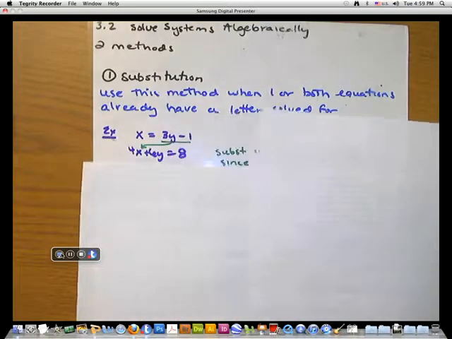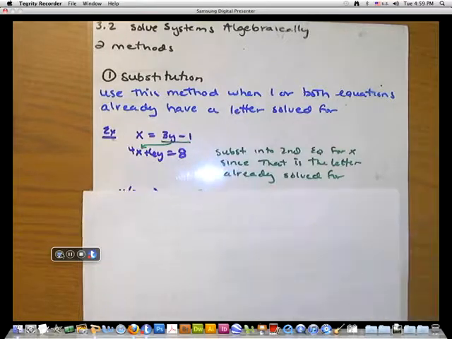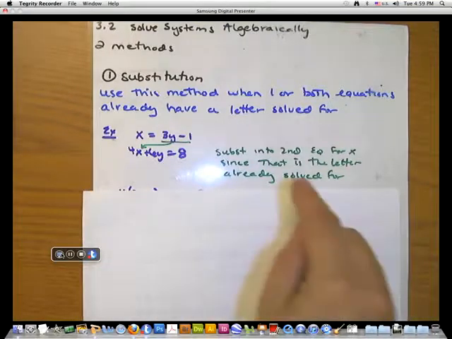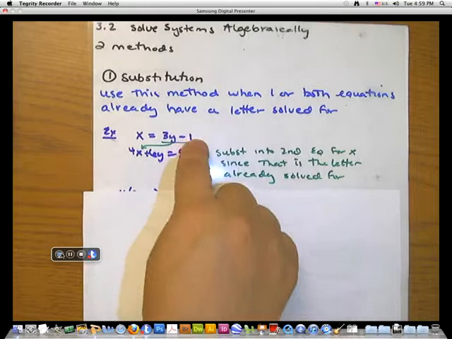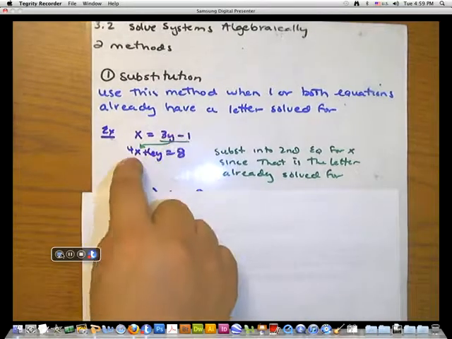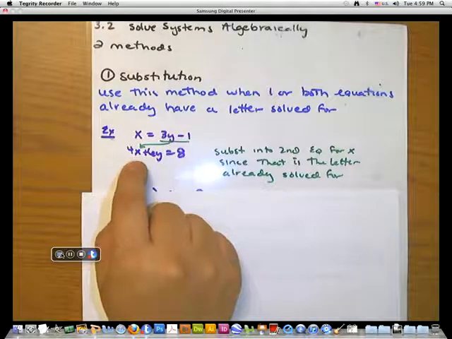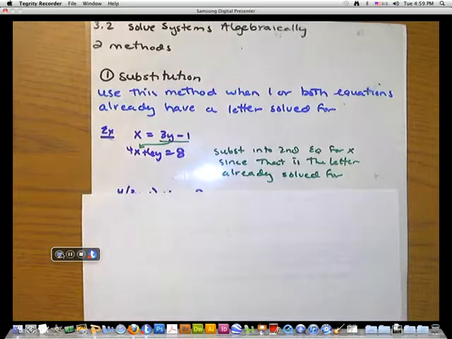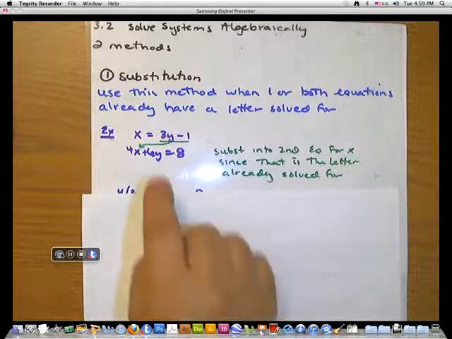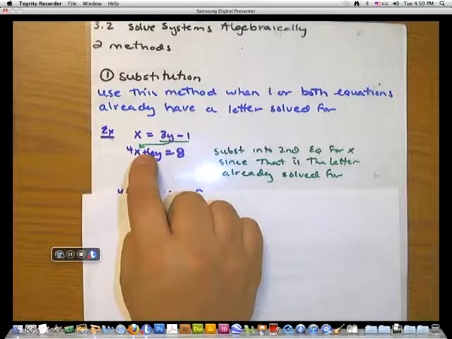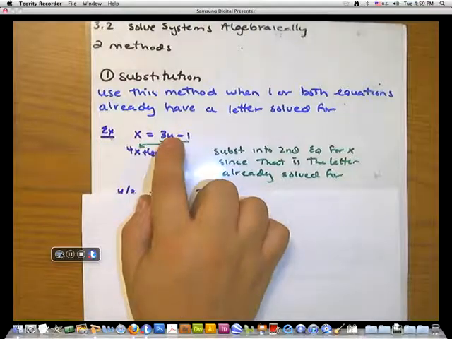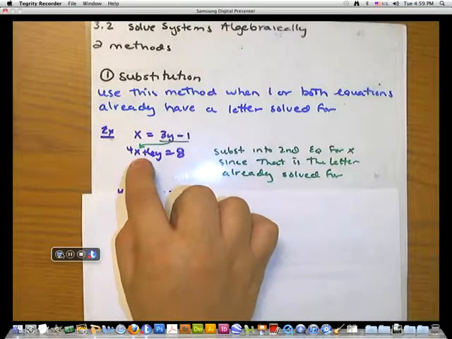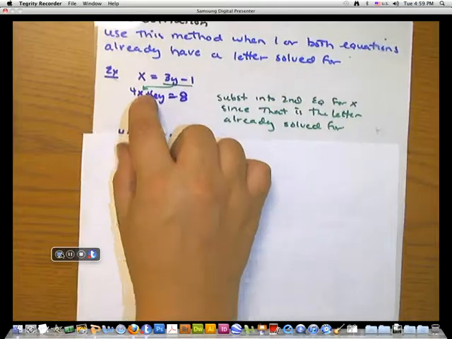And what we're going to do is substitute the first equation, whatever x is, into the letter x that it's already solved for in the second equation. So the only thing that's going to be replaced is the x. We're going to make x 3y minus 1, and replace it into there.